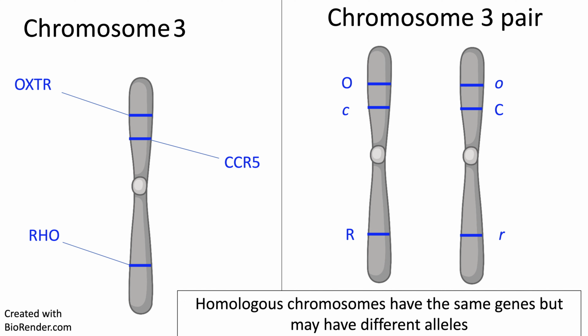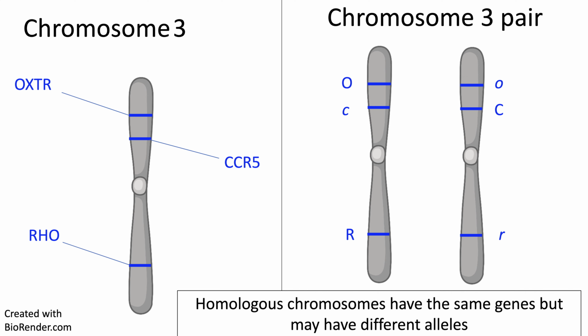These can have a real effect on the organism. Below that, we have a big C and a little c. The big C is going to represent our wild type CCR5 allele. The little c is going to represent CCR5 delta 32. You may have heard of this. This is the mutation that confers resistance to HIV-1.